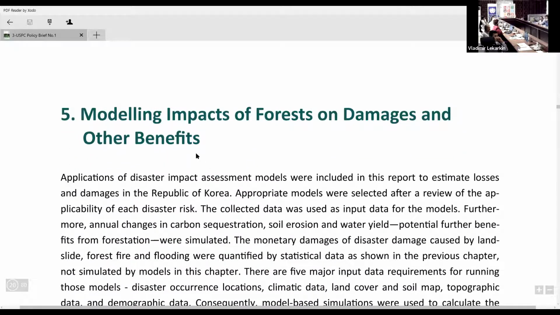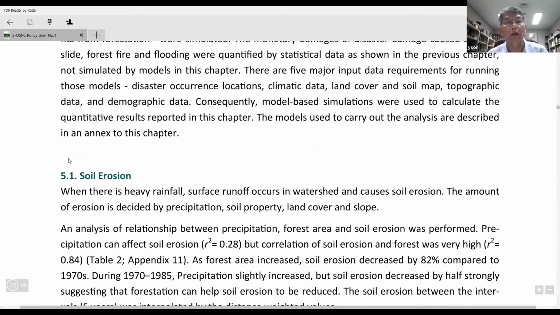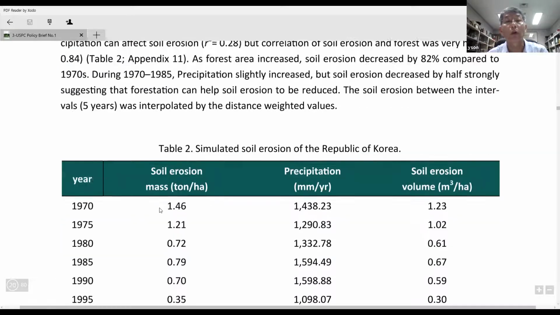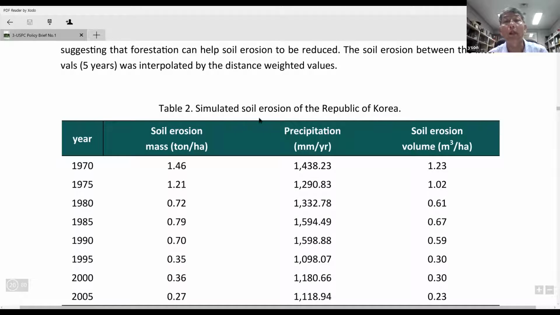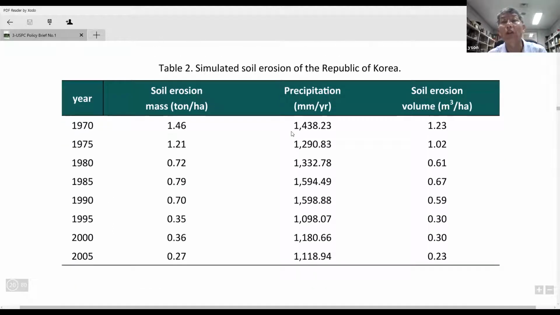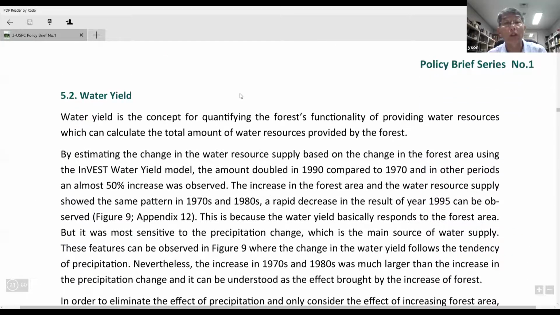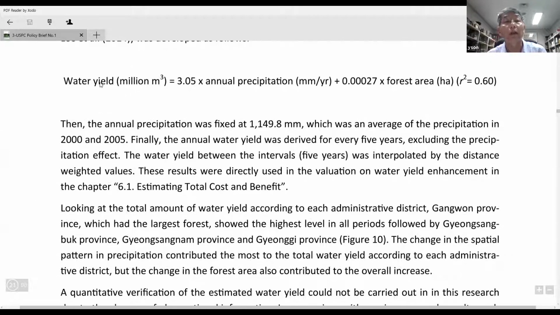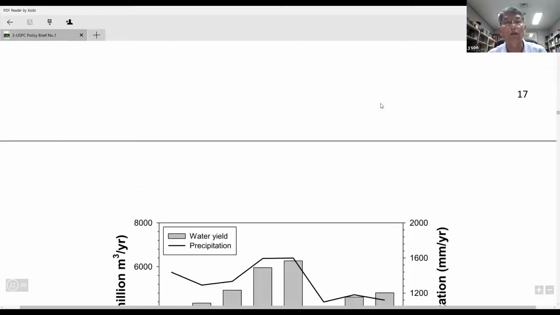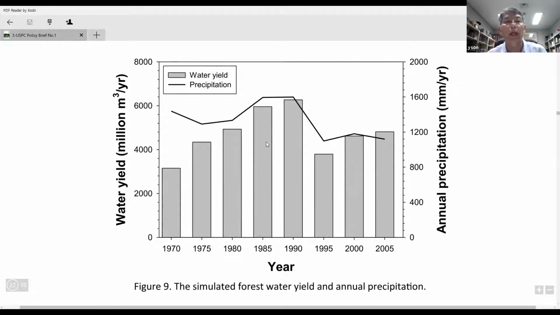And then modeling. Soil erosion. So this is a simulated soil erosion, by year: soil erosion mass, precipitation, soil erosion volume. And water yield: using this equation, we calculate water yield and show the water yield by year and by precipitation.